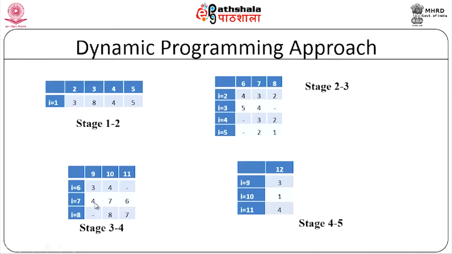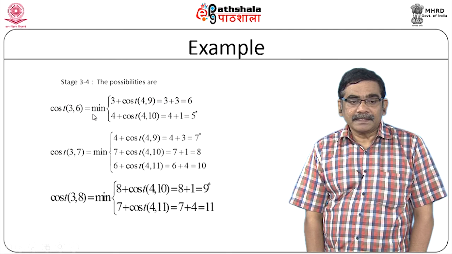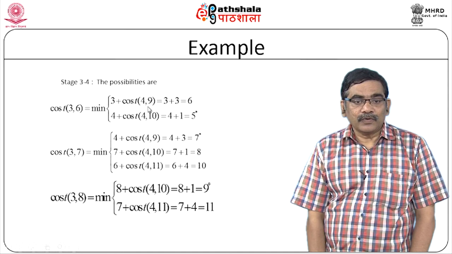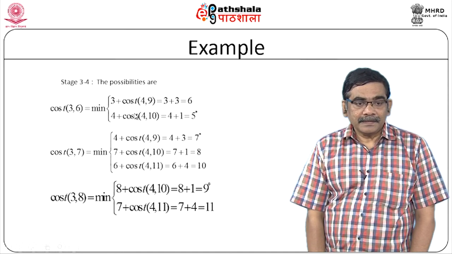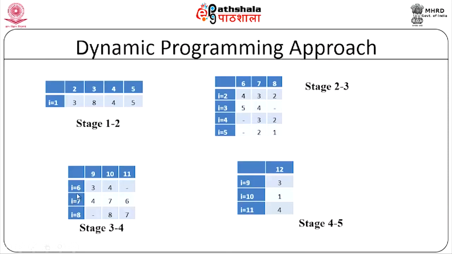Okay. So, now we proceed to the next immediate stage, that is going to be stage 3 to 4. So, in 3 to 4 you can see very well this is stage 3. So, we have to compute the cost of 3 comma 6, 3 comma 7 and 3 comma 8. So, cost of 3 comma 6 is nothing but the minimum of cost 3, and from stage 4 to 9. So, that means I have to use this particular table effectively.